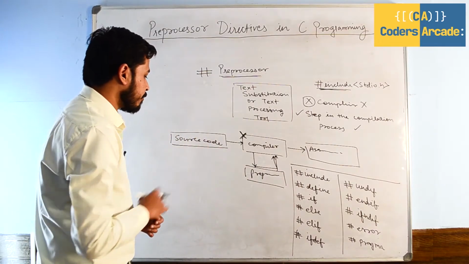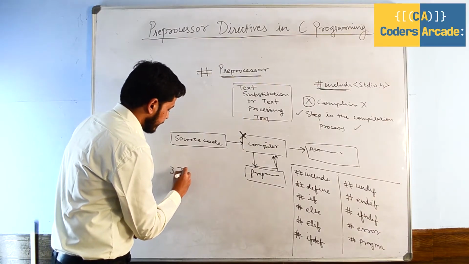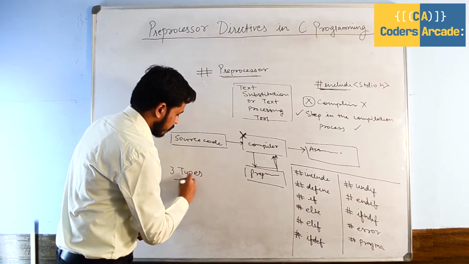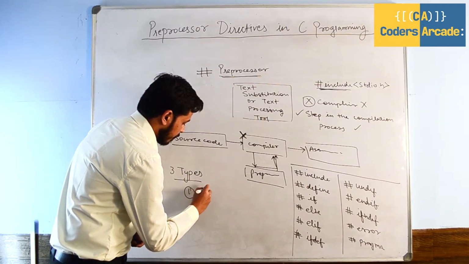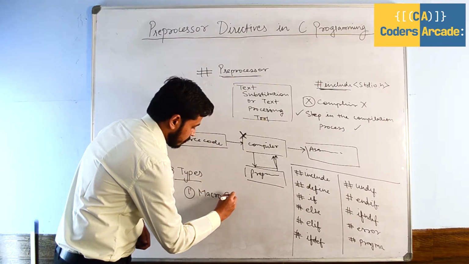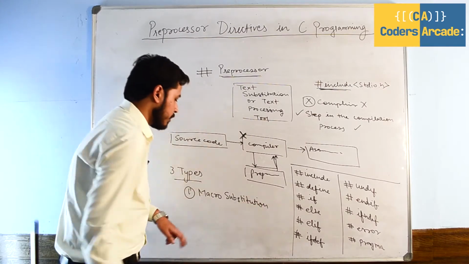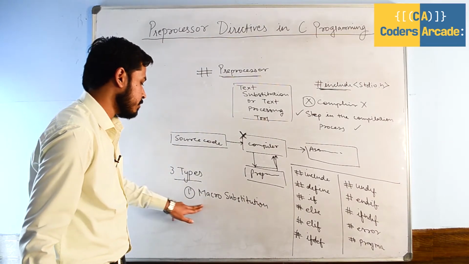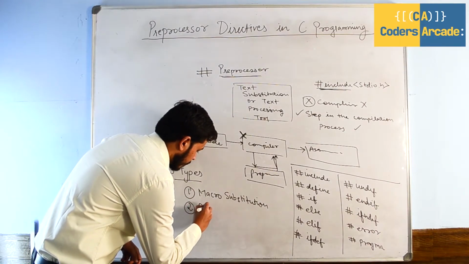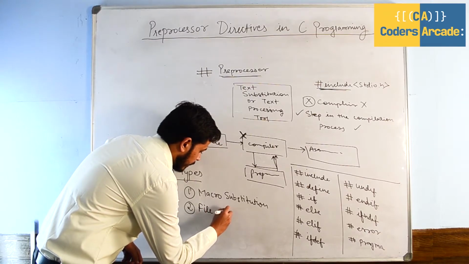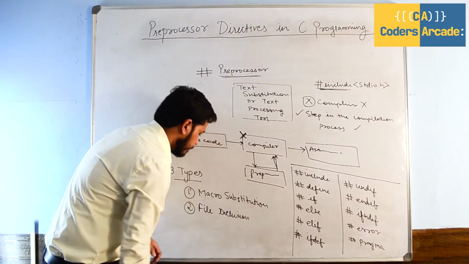Now, preprocessor directives are of three types. What are the three types? The first one is the macro substitution directive. The second one is the file inclusion directive.